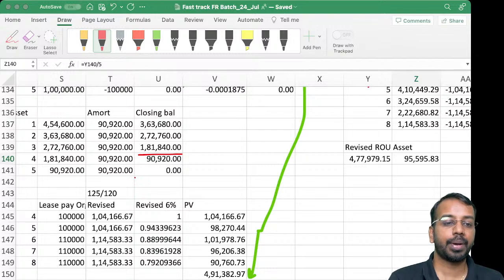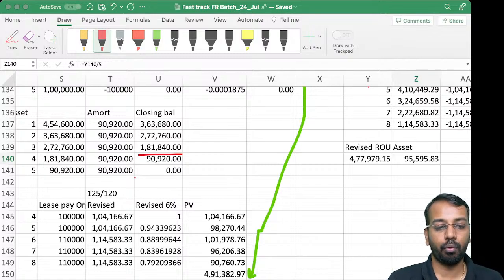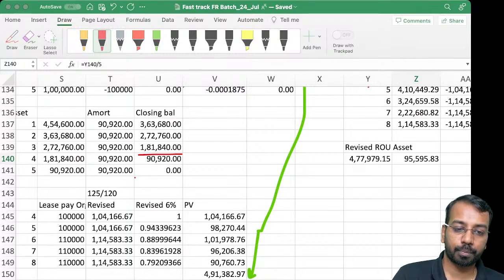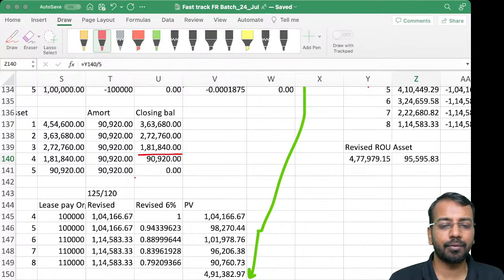Price commensurate means you have to check whether the increase in scope is matched with the price. For example, if I have one floor and the price is 10,000, and I am adding one more floor, then if one floor is 10,000, the second floor should be another 10,000 or maybe 9,500.